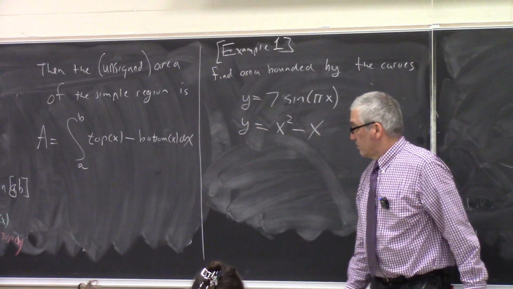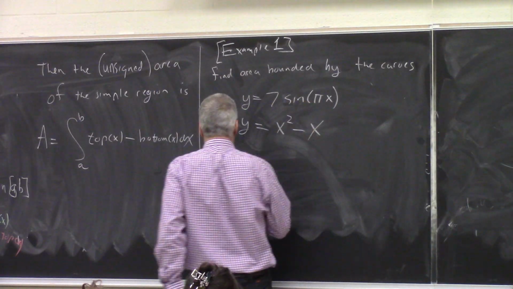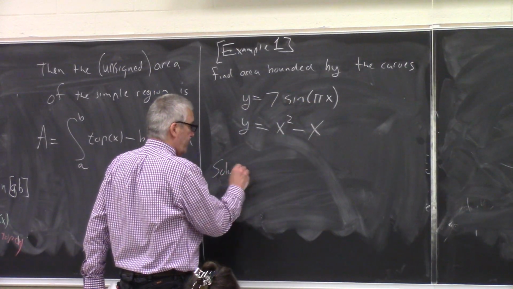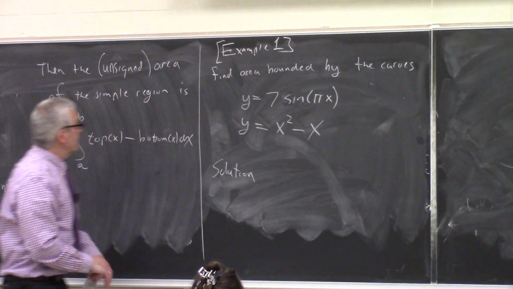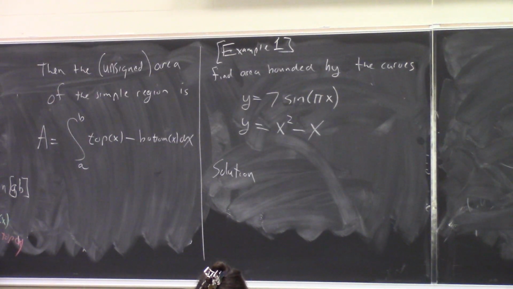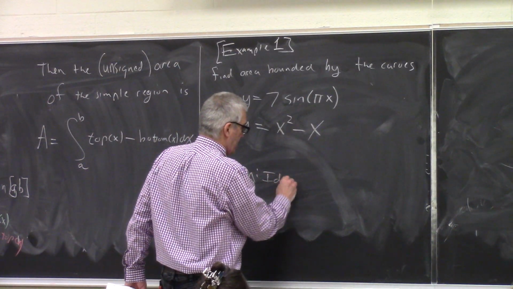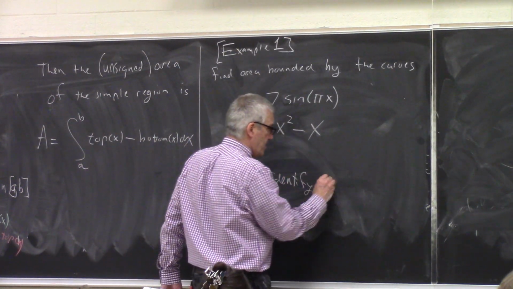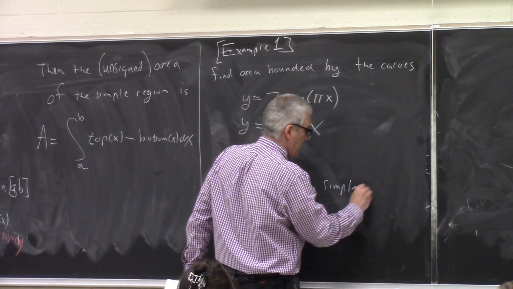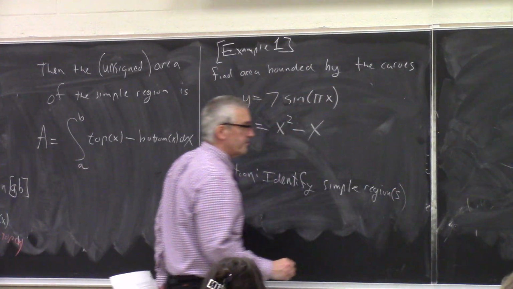So what do we do? Well, our only tool is this. So our only plan of attack can be, we have to figure out if there is a simple region, simple region, maybe plural.